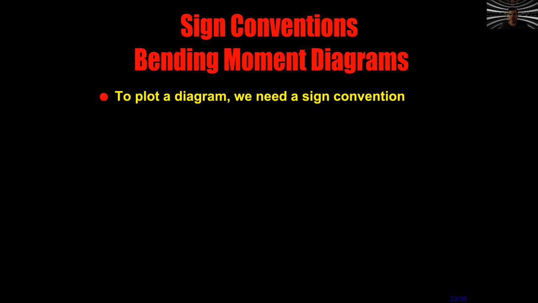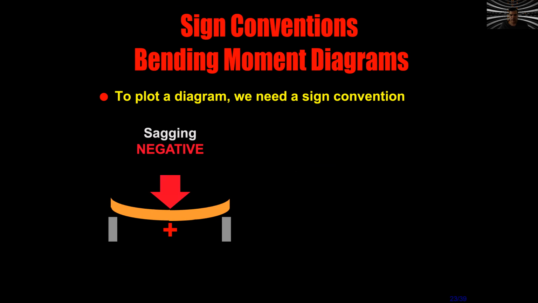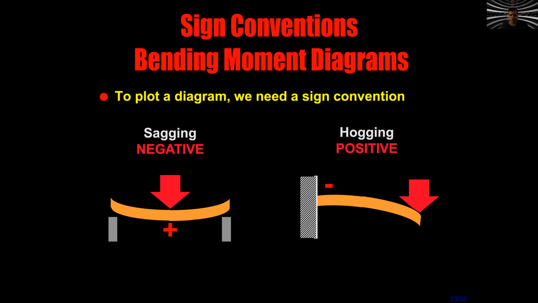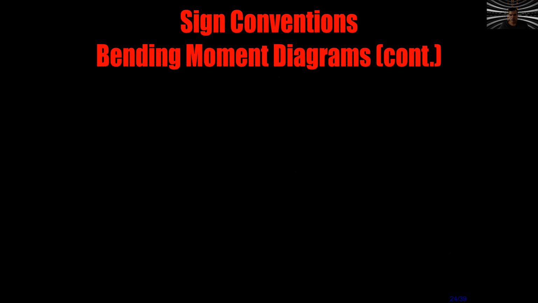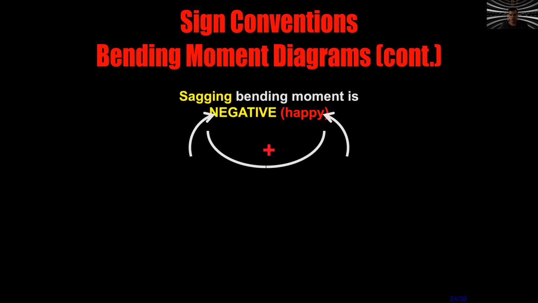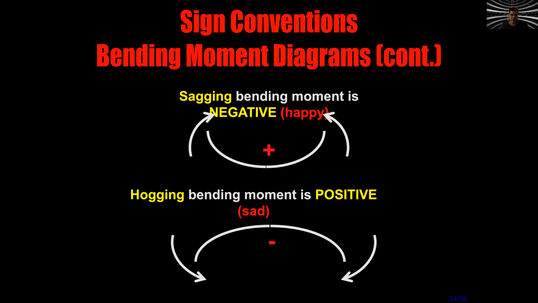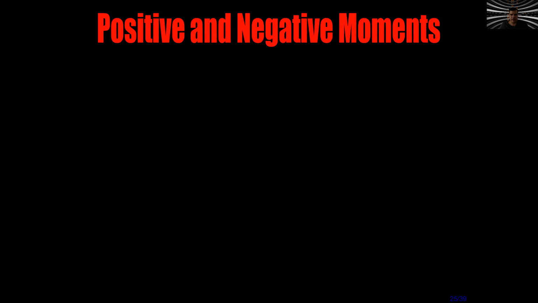Well, there are sign conventions for bending moments. I don't want to go over this because, for example, our textbook has a different one, completely different. But some people say that, well, sagging is negative, hogging is positive. And I don't think that is something we really need to worry about. The important thing is that you understand when the moment is positive and when it's negative in relationship with the rest of the element.